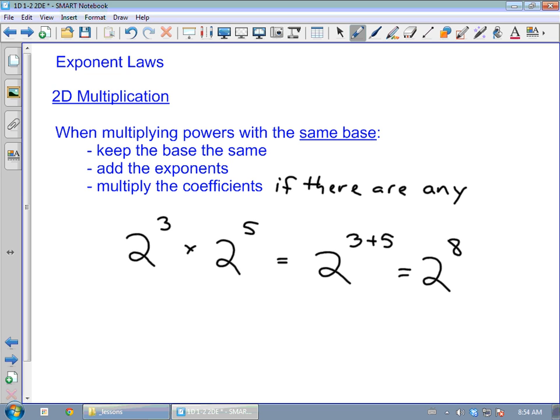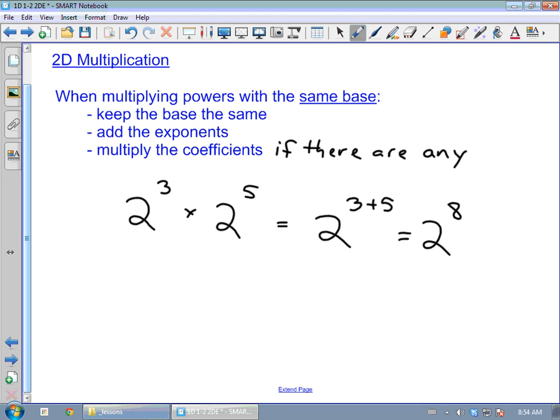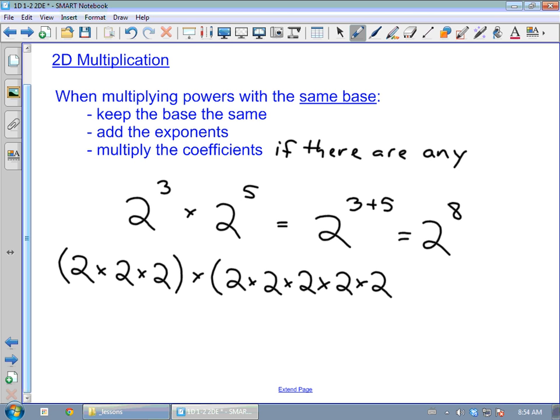Now, why does this work like this? Well, remember, we could take each of these powers and write them in expanded form. So 2 to the exponent 3 was really 2 times 2 times 2, and I'll put brackets around that. 2 to the exponent 5 was really 2 times 2 times 2 times 2 times 2, 2 times itself 5 times.